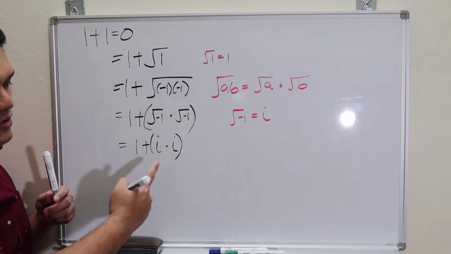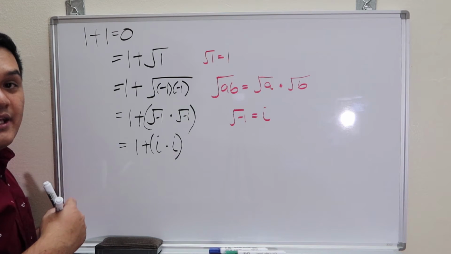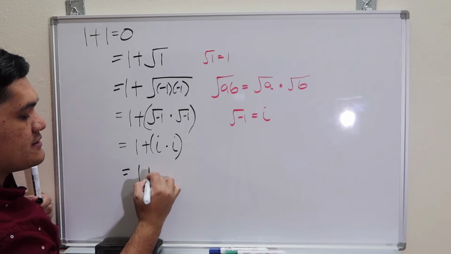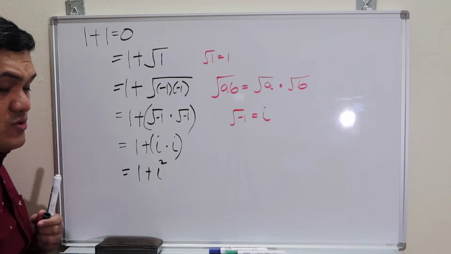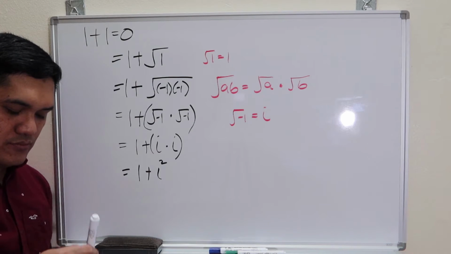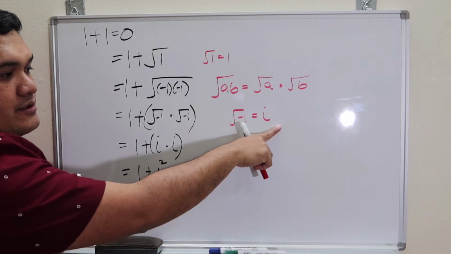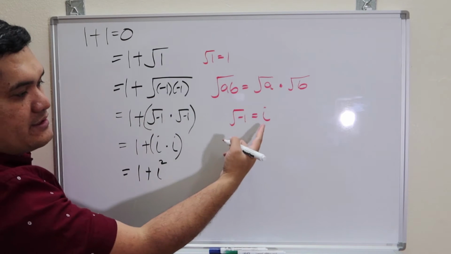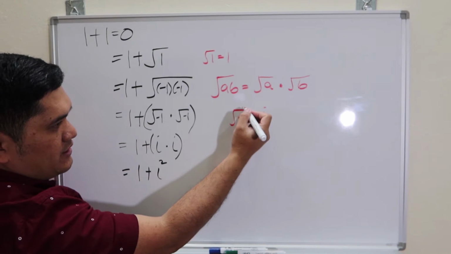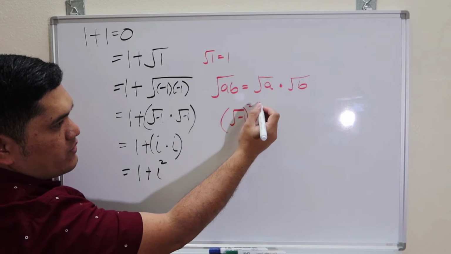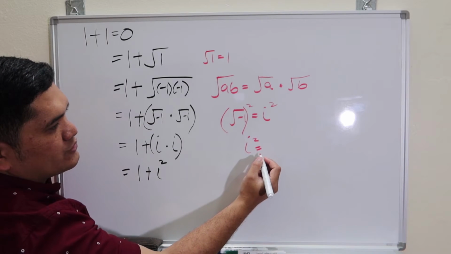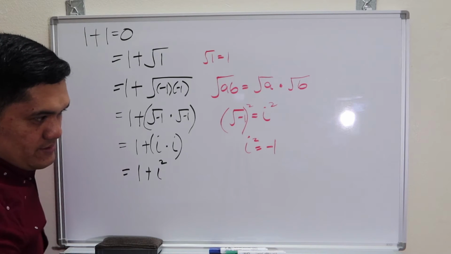Therefore, if we multiply i times i, it is equal to i squared. So, 1 plus i squared. Then, since the square root of negative 1 is equal to i, if we square both sides, i squared is equal to negative 1.